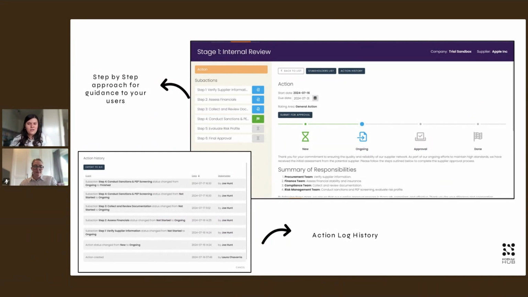This is a very good tool for auditing purposes. So in the future, when someone comes knocking at your door and you want to know how is your approval process for suppliers, you can just pull the action where you approve the supplier and see a step-by-step approach. So that's really good for reporting, but also for your stakeholders.